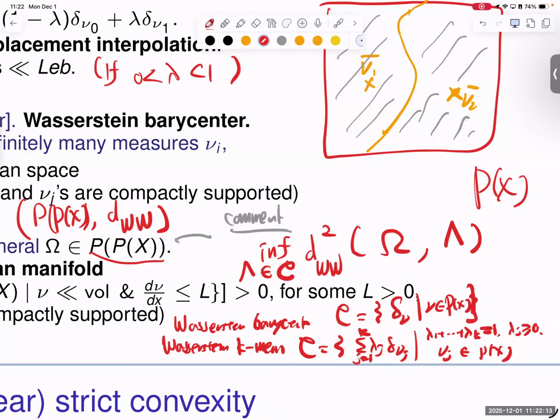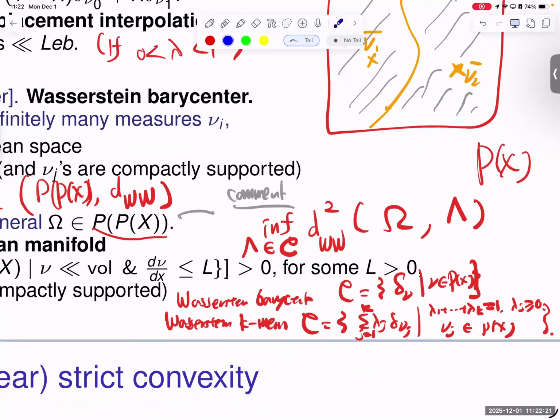So that k is the k in k-means. Okay. So this is the simplex. I think you were mentioning this kind of nature as a simplex. So you can view Wasserstein barycenter as this simple minimization problem with this double Wasserstein distance between two measures.